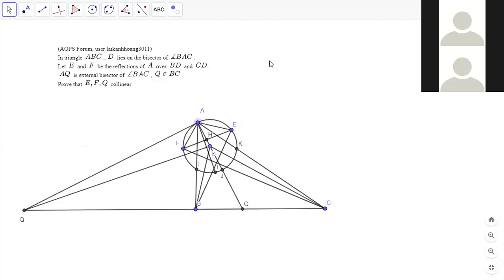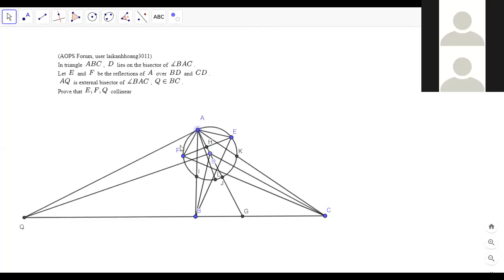Basically, we proved AELF is harmonic because AF is perpendicular to DC, AE is perpendicular to DB, AL is perpendicular to DQ, and AA is perpendicular to AG, or to DG. So then we know AELF is harmonic.